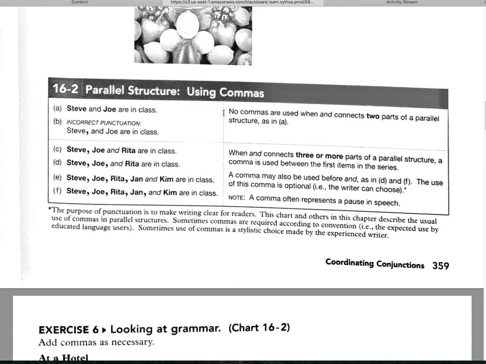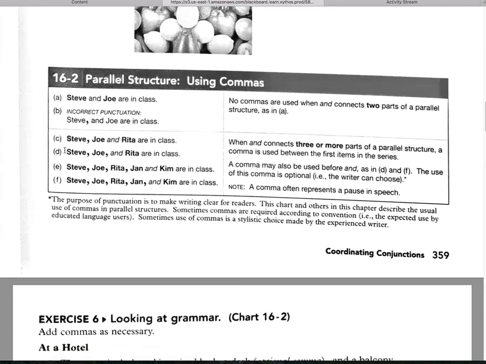Look at the explanation. No commas are used when and connects 2 parts of a parallel structure as in A. So you only have 2, Steve, Joe, connected with and, no commas necessary. It is incorrect to say Steve, comma, and Joe are in class. You don't need that comma because there's only 2 parts of speech. Okay?